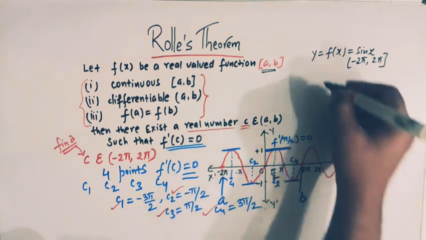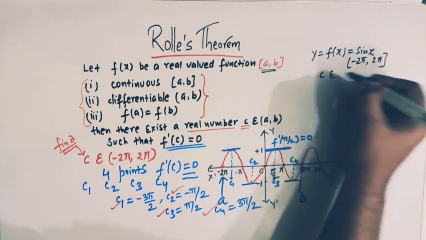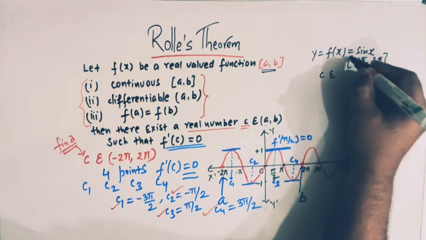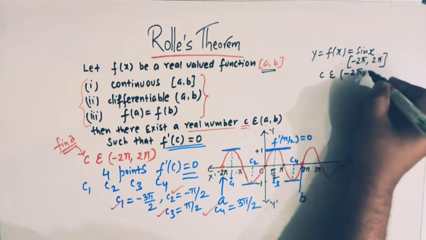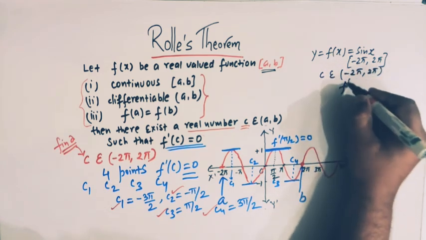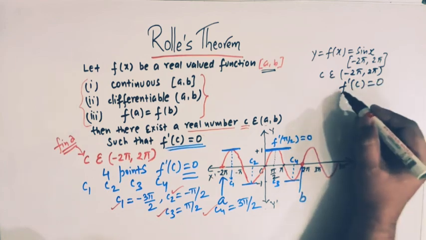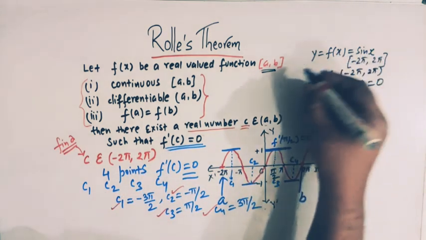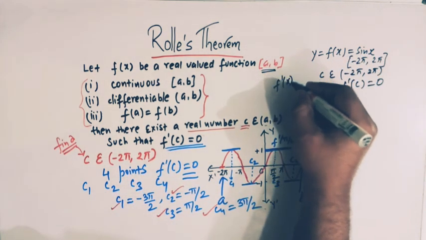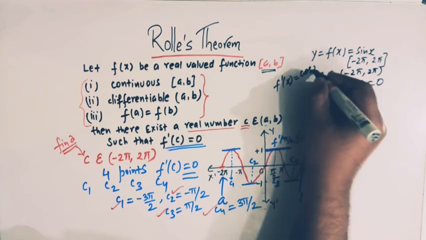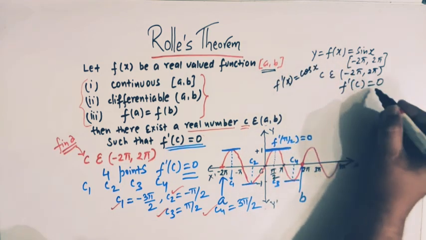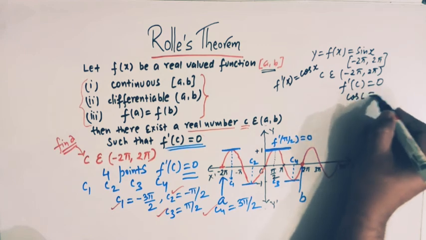So there must exist a value c belonging to the interval minus 2 pi to 2 pi such that f prime of c is 0 and f prime of x is cos x. So f prime of c equal to 0 means cos of c is equal to 0.